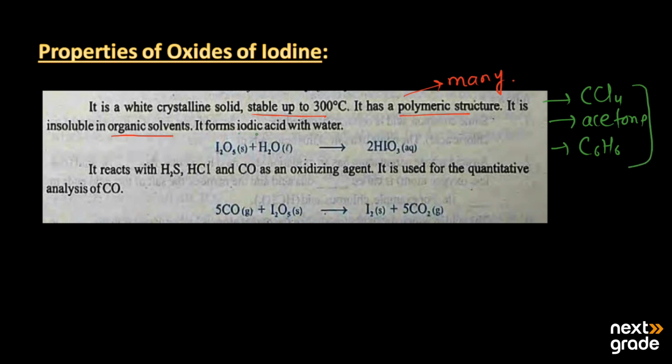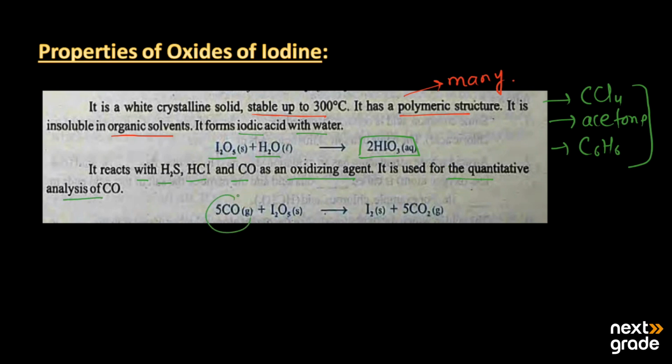It forms iodic acid with water. This is a reverse process in which iodine pentoxide reacts with water and produces iodic acid. It can also react with hydrogen sulfide, HCl, and carbon monoxide as an oxidizing agent, so it is used for the quantitative analysis of carbon monoxide.